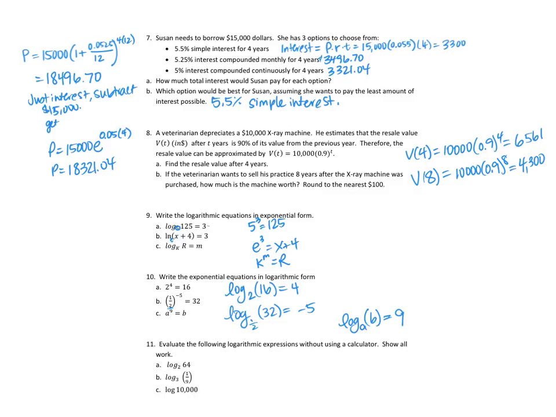Okay, then evaluate the logarithmic expressions without using a calculator. So here I want to know 2 to what power is 64? Okay, so that's the question I want to know.